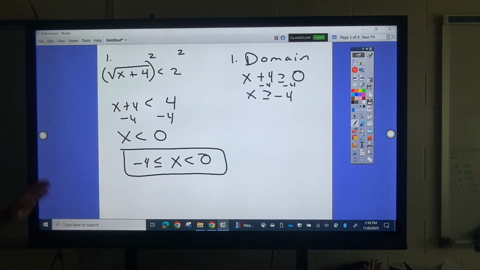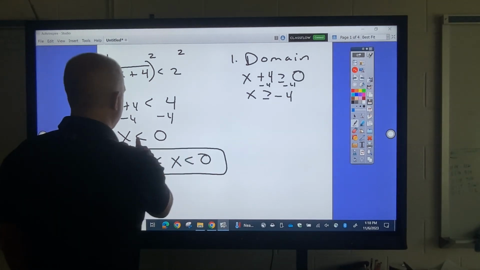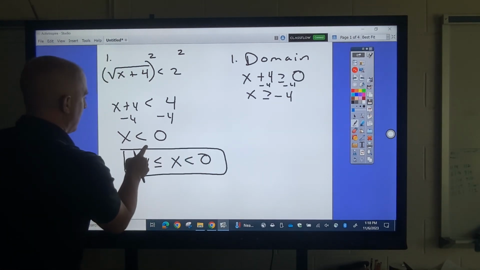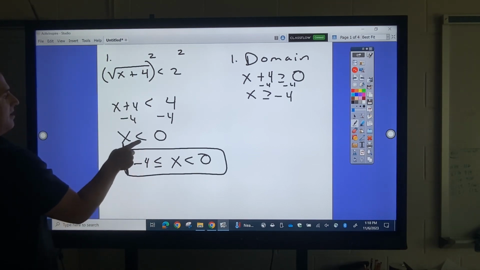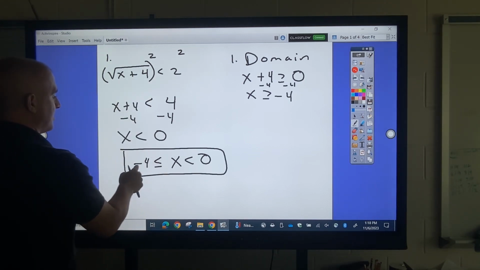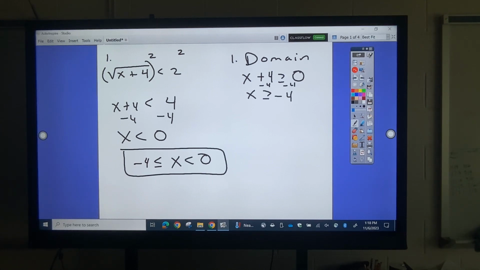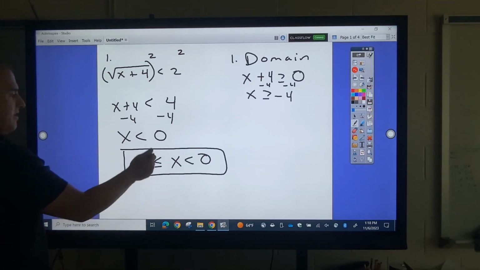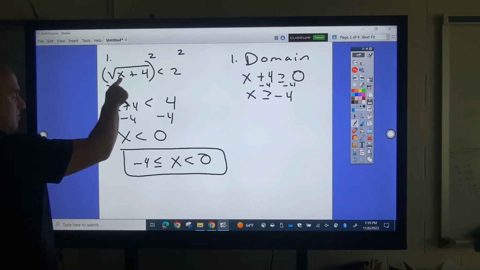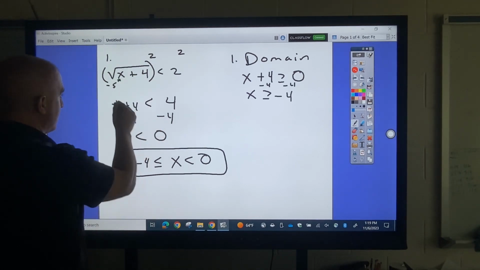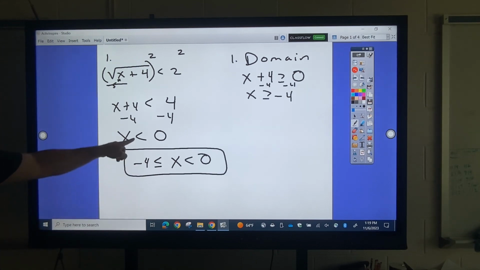The reason for that is I can't pick something like 2, because that's not going to fit. If I pick, let's say, -5, then -5 plus 1 is -4... actually -1 under the radical, which is not good. So you can't just pick x is less than 0.